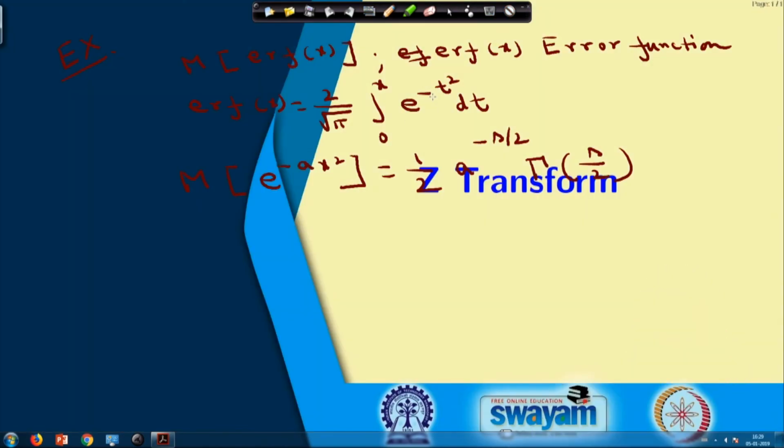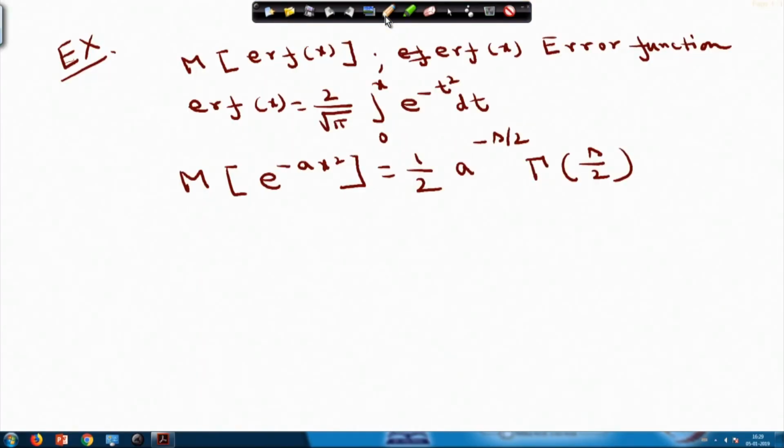Since e power minus t square is here, we can find this from here. So, from here you can write down the Mellin transform of e power minus x square.